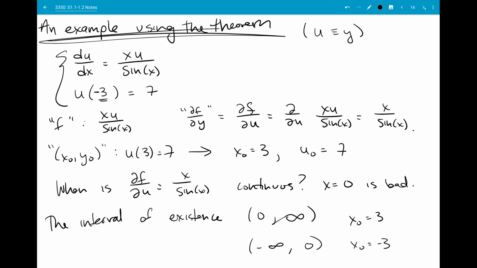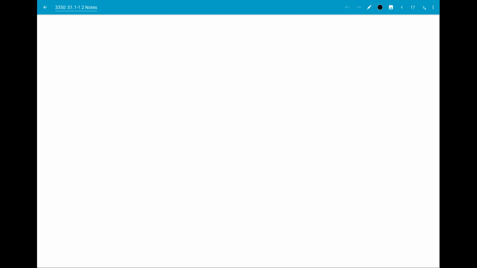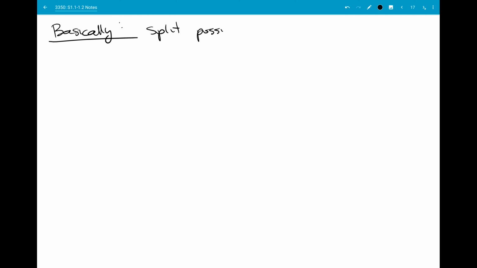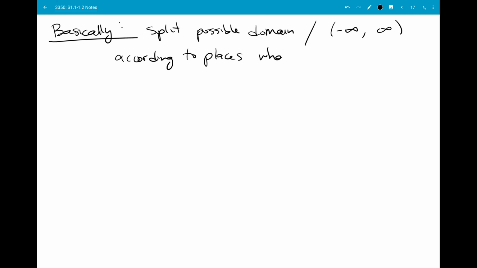What's happening is basically that I split the real numbers up according to the region over which the theorem would hold. So split the real numbers, or possible domain, everything that runs from negative to positive infinity, according to places where the theorem breaks.